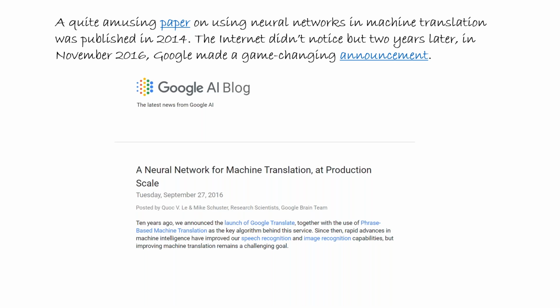Since then, rapid advances in machine intelligence have improved our speech recognition and image recognition capabilities, but improving machine translation remains a challenging goal. That is what they said in 2016, and in current times, although there are improvements, it is still a challenging area, there is no doubt.